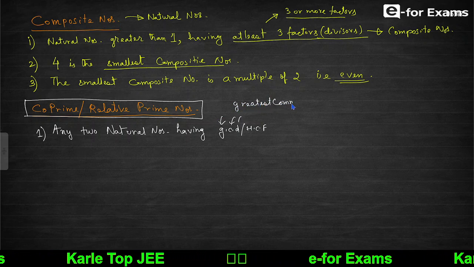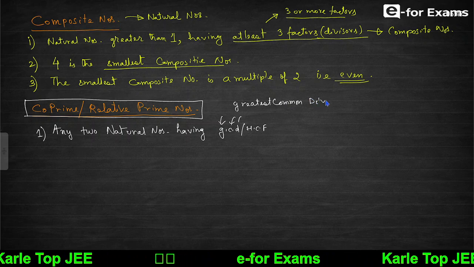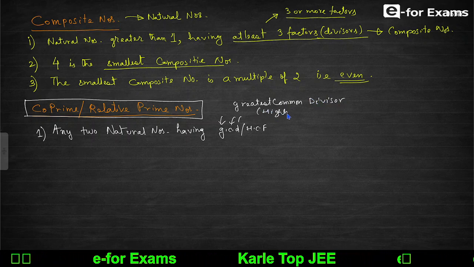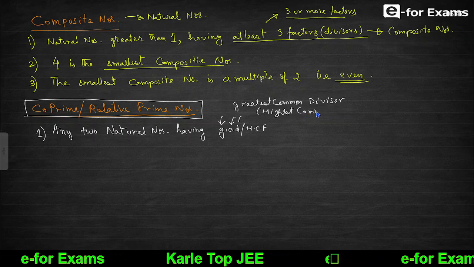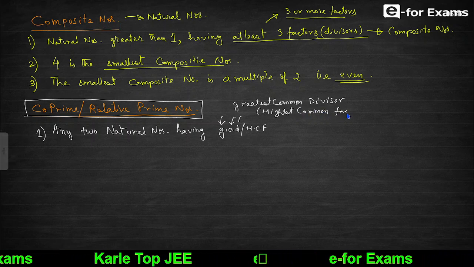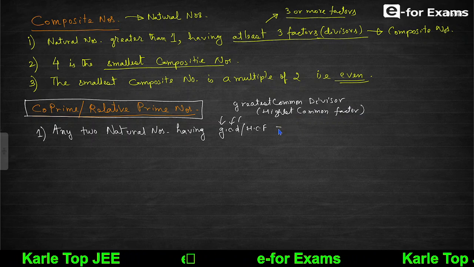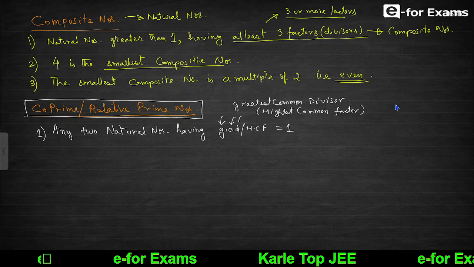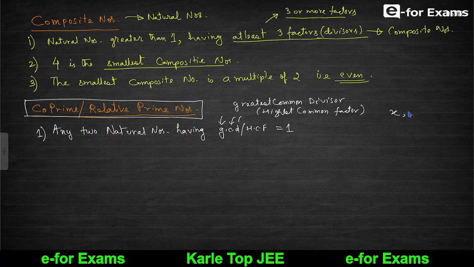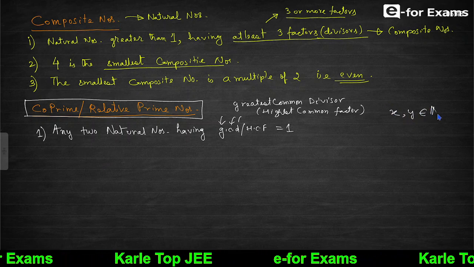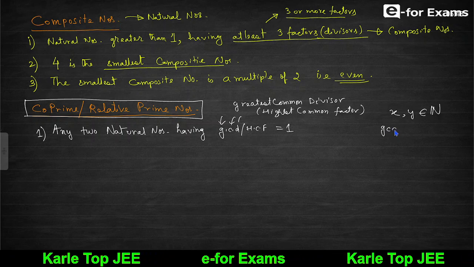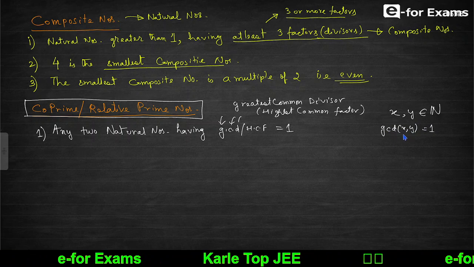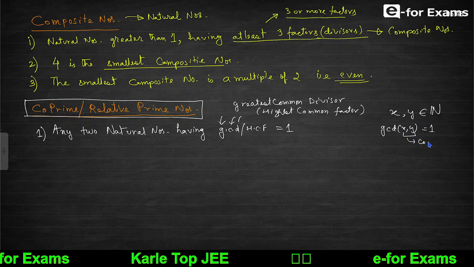equal to 1. If any two natural numbers are given, we'll say X, Y. X, Y belongs to natural numbers, and if GCD of X, Y is equal to 1, then we say that X and Y are coprimes.